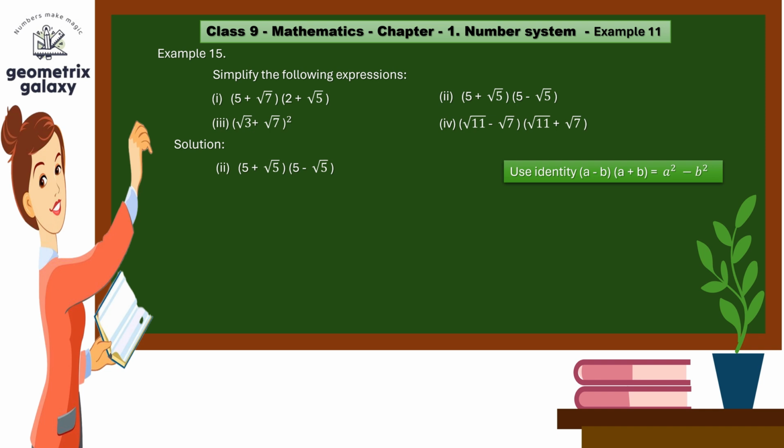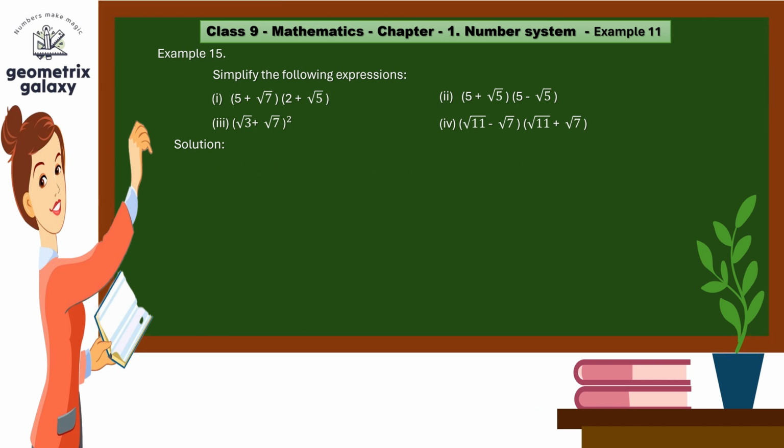So using the identity, I can write this as 5 square minus root 5 square. What is 5 square? 25.